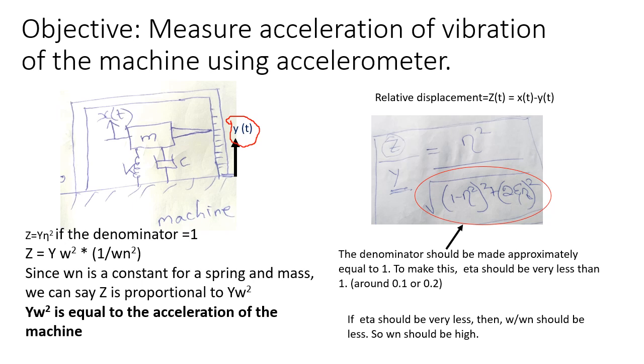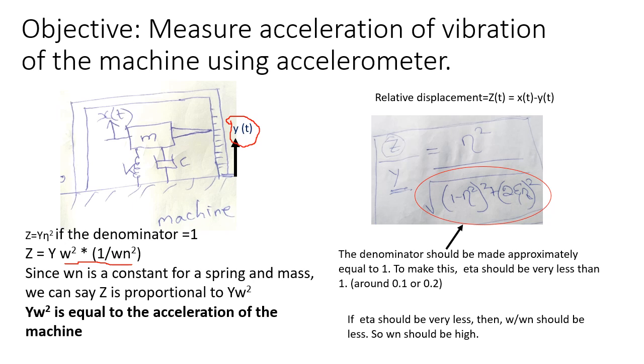What is eta square? It is omega square divided by omega n square. So Z is equal to Y into omega square divided by omega n square if that denominator is made equal to 1.